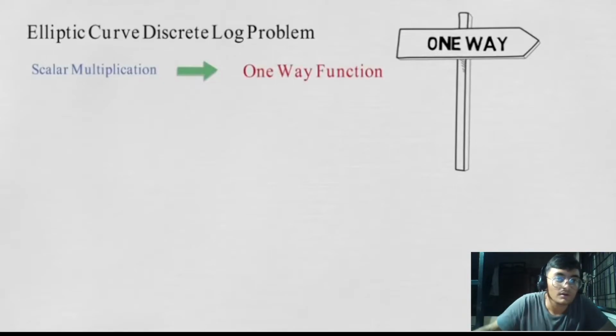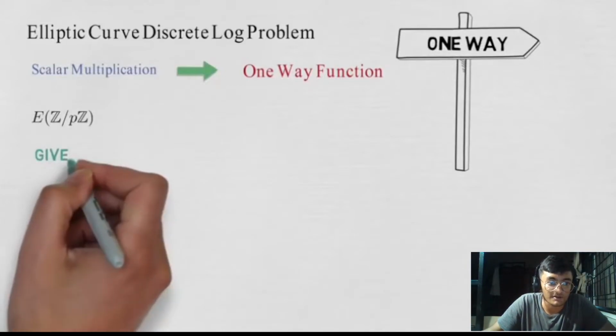Scalar multiplication is a one-way function, you can't revert it.